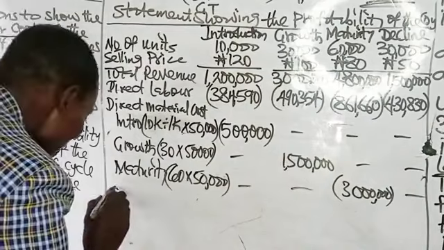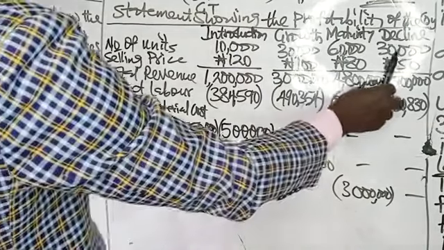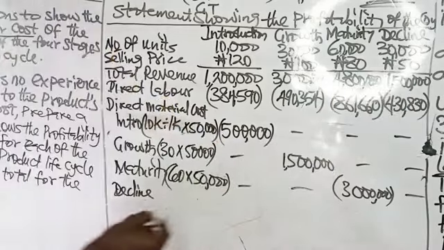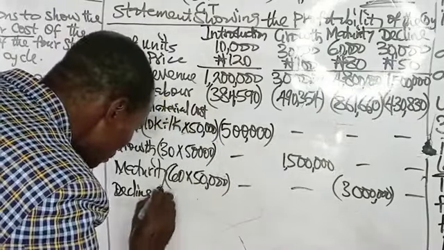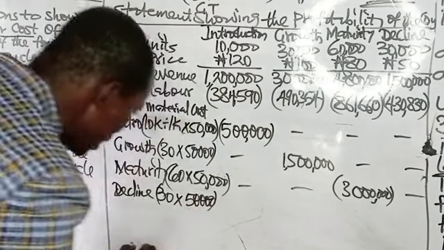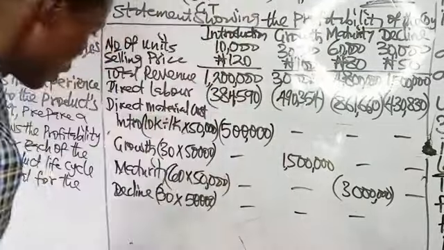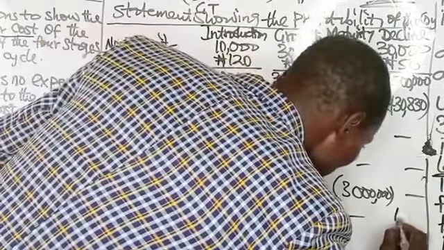Then decline stage. So 30,000 divided by 1,000, that will be 30 batches times 50,000. Remember, you were told there is no learning in this part of the question. That will be 1.5 million.